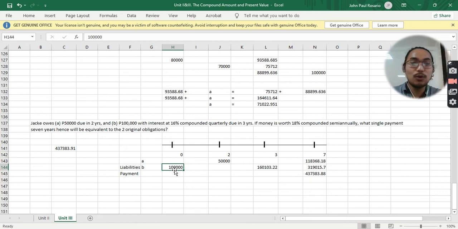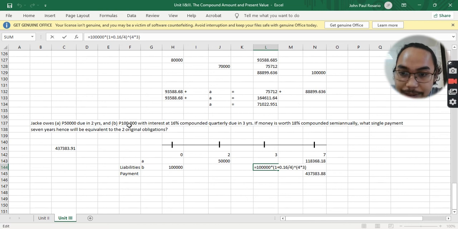So first, no problem in the 50,000 na non-interest bearing or given a maturity value. However, for the second example, we first have to solve for the maturity value or the compound amount of this liability 3 years from now. So at year 0, the value is 100,000. 3 years from now, the compounded amount should be 100,000 times 1 plus the interest-bearing component, 0.16 over 4, kay quarterly man.